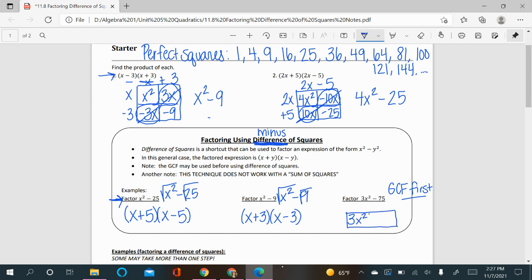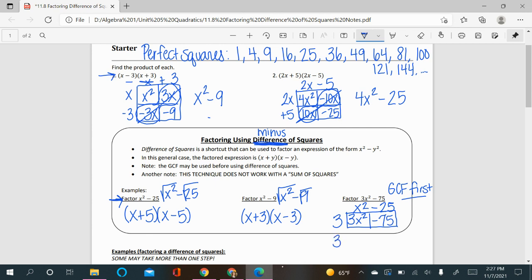I'm going to put it into my box and figure out what they both have in common. I know I can divide both of these by 3. This one has an x squared, but this one does not have an x at all. So 3 will be my only common factor here. Up here I will be left with x squared minus 25, because 25 times 3 gives me the 75.